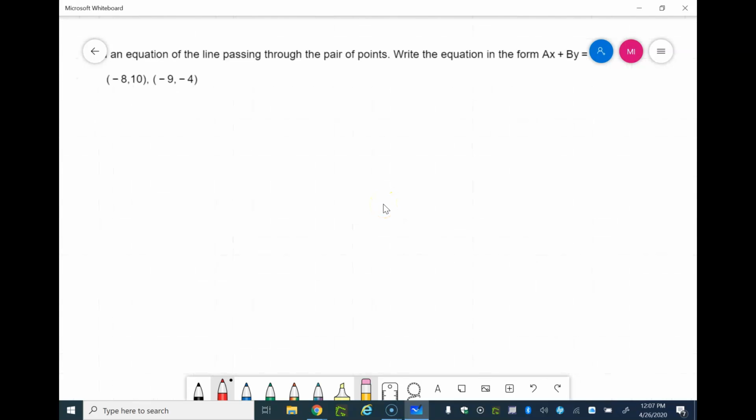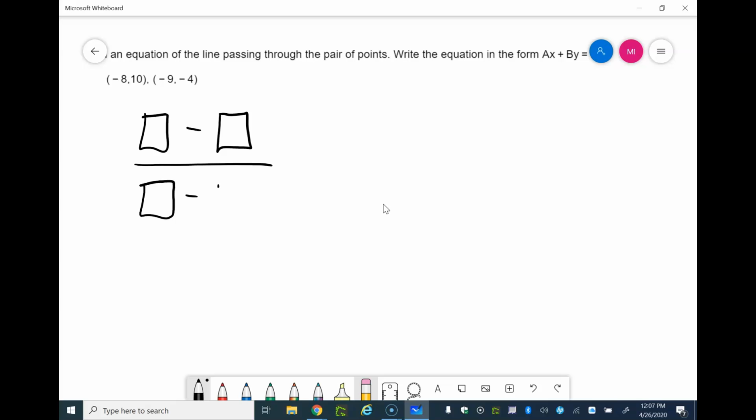So for this one here, we're going to go ahead and put it into our slope formula. And I'm going to do my box method like I showed you in the other video to make sure my negatives are not confusing to me.